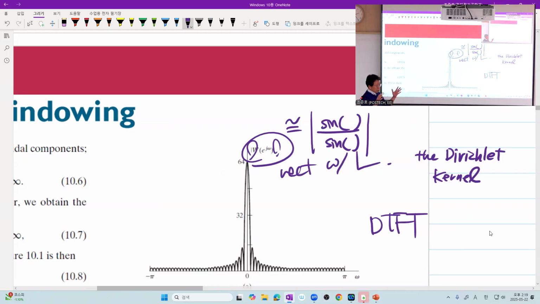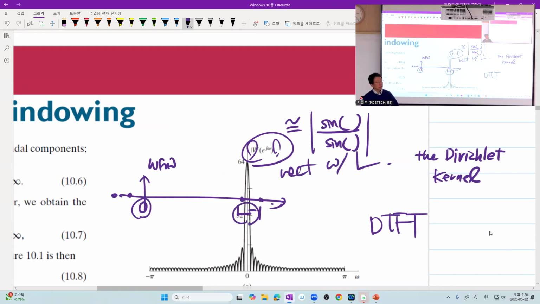Now, we know that the only parameter for us to choose is what? The length or duration of this rectangular pulse, right? We assume that the window function possibly has non-zero values from 0 to L minus 1, right?